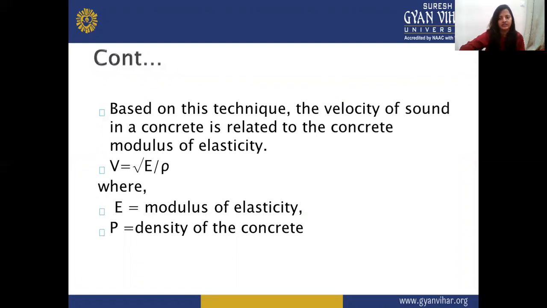Based on this technique, the velocity of sound in concrete is related to the concrete's modulus of elasticity, which is given by V equals the square root of E upon rho, where E is the modulus of elasticity and rho is the density of the concrete.